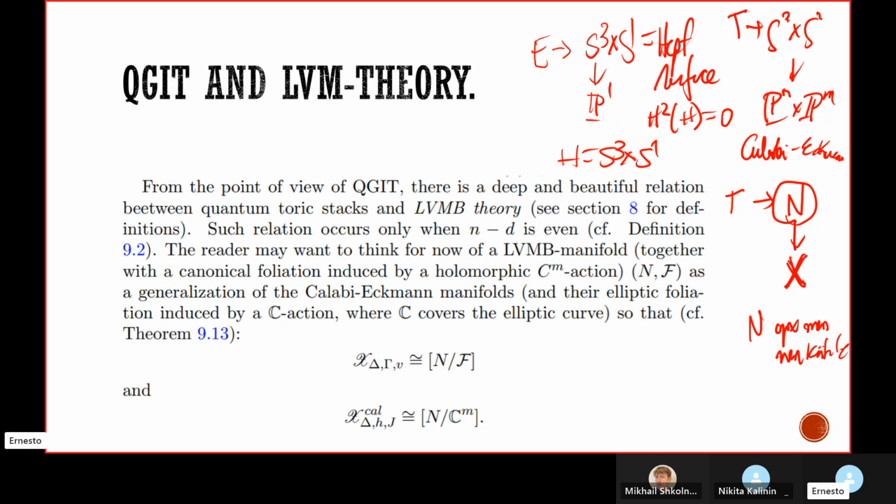But that nevertheless is extremely important. And this can be generalized, rather than for P1, for any classical toric manifold. But this will also be a complex, non-Kähler, non-symplectic, non-algebraic manifold.